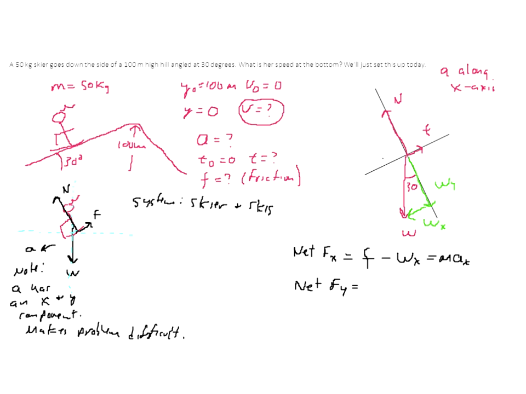Net force in the y direction, we've got n upward, traditional positive direction, minus the y component of w equals m a_y.